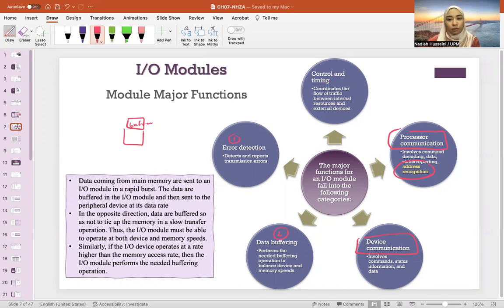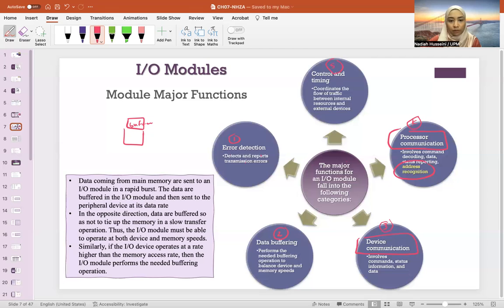And then you have your control and timing, coordinates the flow of traffic. Like I mentioned to you before, the peripheral devices are typically very slow. So you have your buffer to help counter that mismatch. Coordinates the flow of traffic between internal resources and external devices. So control timing. So we have 1, 2, 3, 4, and 5 over here.